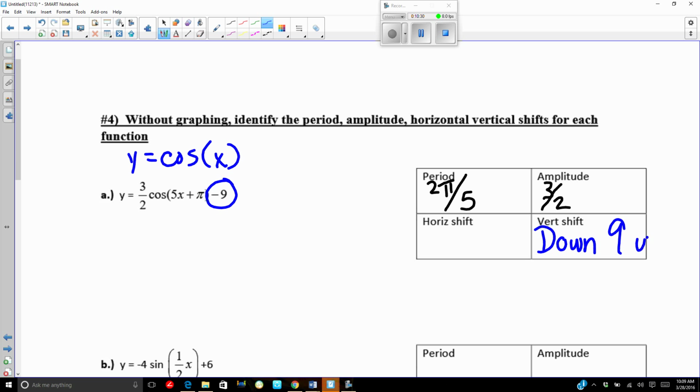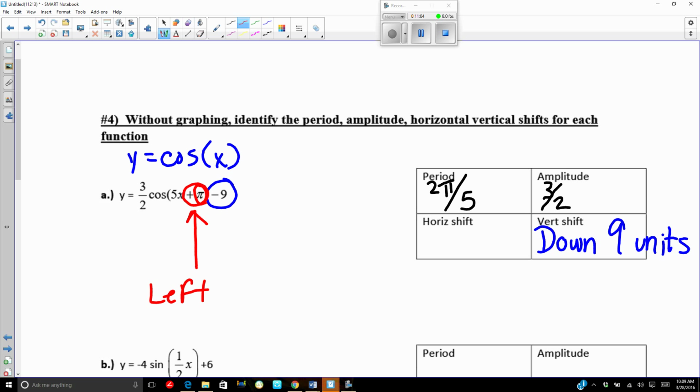9 units. And last but not least, the horizontal shift. And we talked about this before the break. We've talked about this really all school year. That number on the inside there, that's going to shift us horizontally. I didn't make you actually go through the process of graphing, just because that would take forever, but this is going to shift it left. Remember, if you see a positive sign in there, it actually means this number is negative.